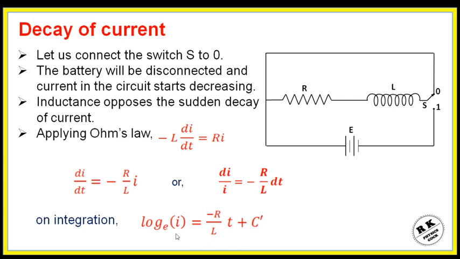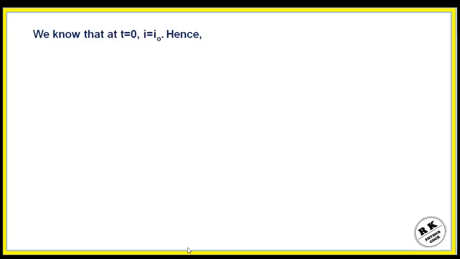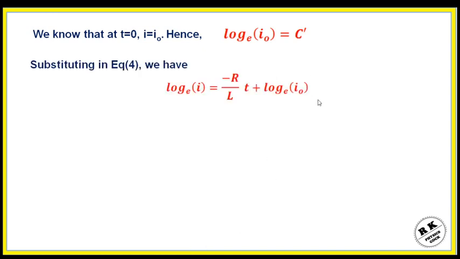If we substitute these boundary conditions, we get log of I naught is equal to C dash. Now we substitute this C dash value in the previous equation. Again the process will be the same. We bring this log I naught value onto the left side.